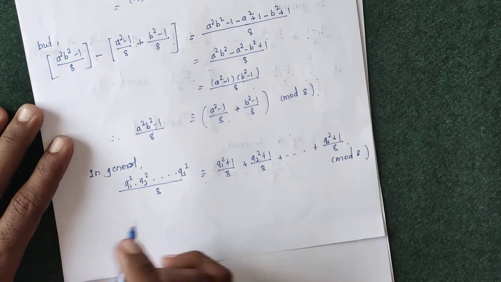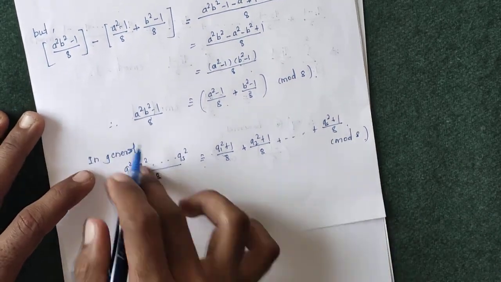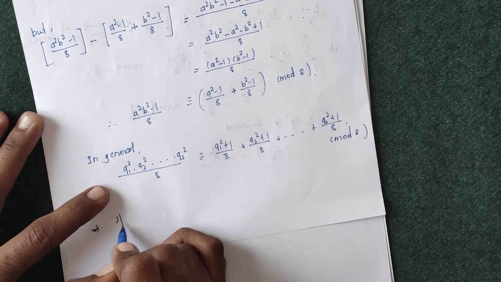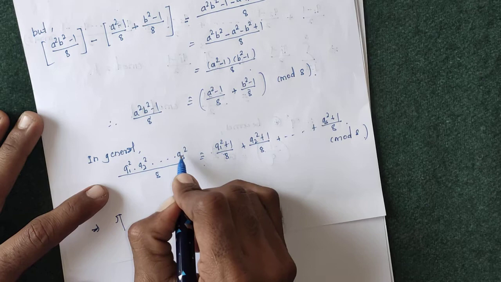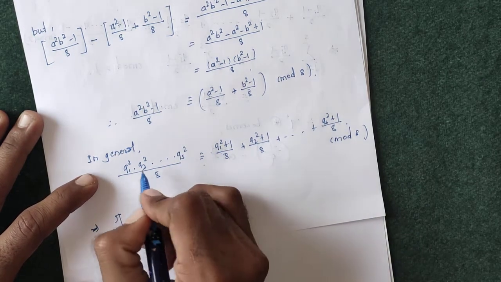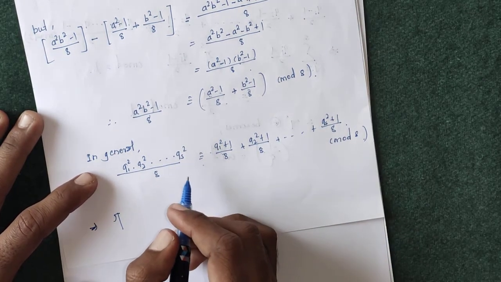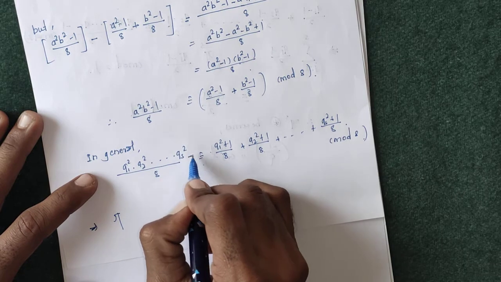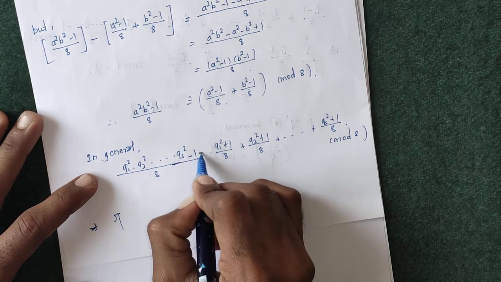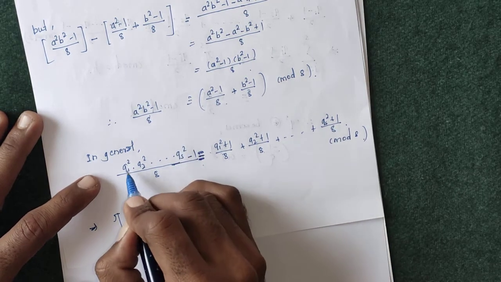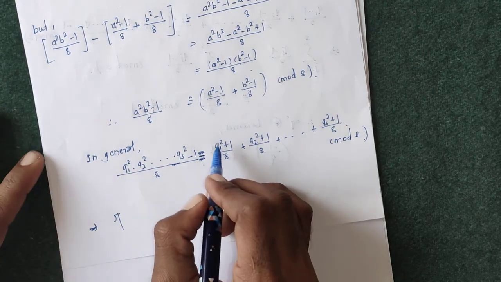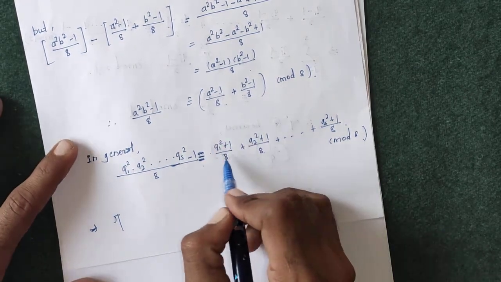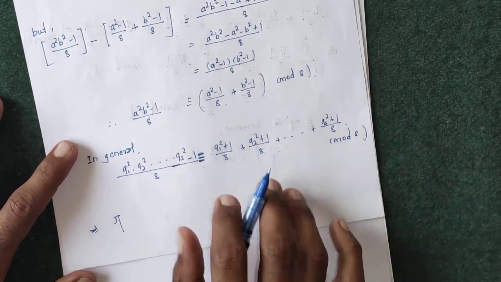So, this implies, if you take the product q1 q2 up to qs, then the whole square, there is some correction here: q1 square into q2 square up to qs square minus 1 by 8 is congruent to q1 square minus 1 by 8 plus q2 square minus 1 by 8, and so on.